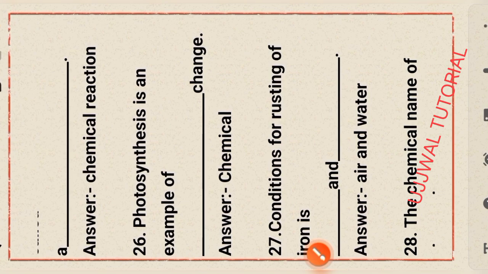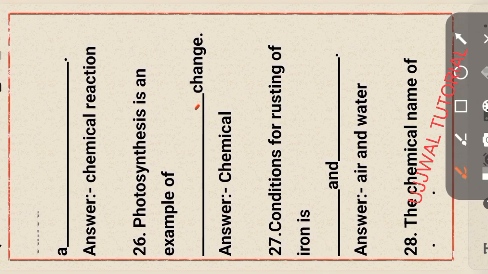It is an example of a chemical change in plants. Okay, next question. Conditions for rusting of iron are air and water.